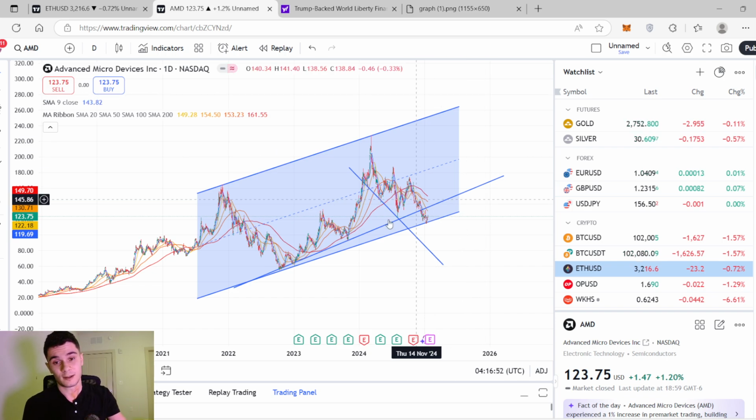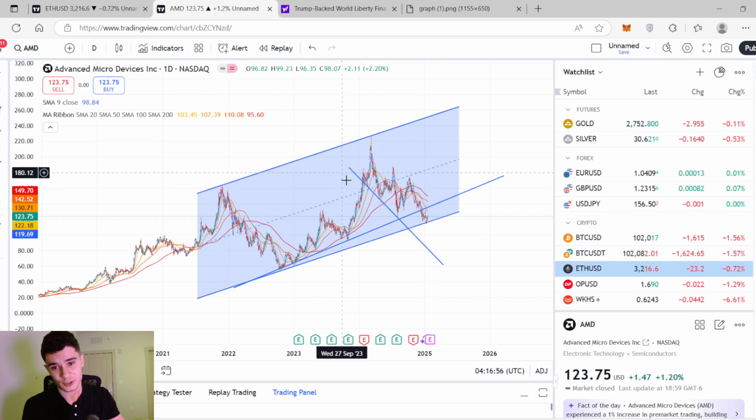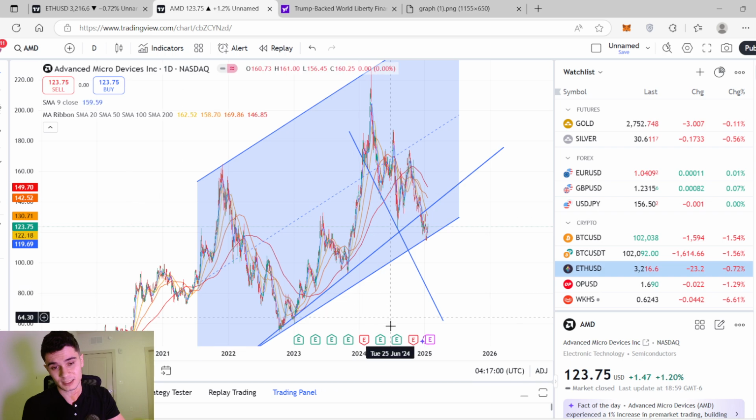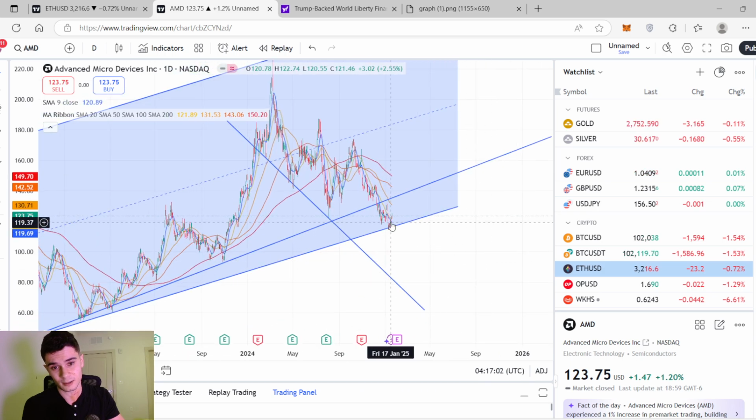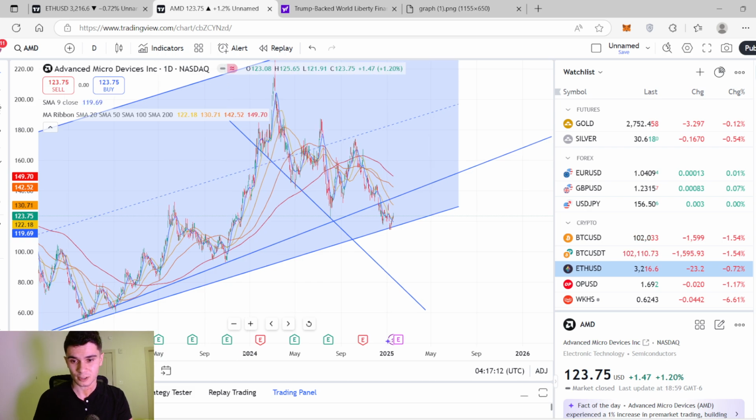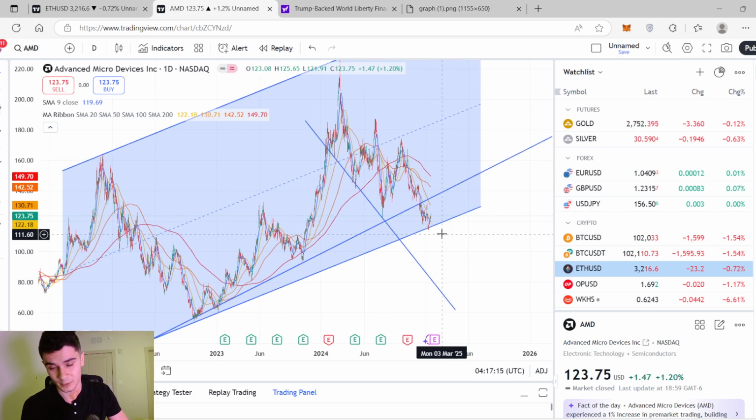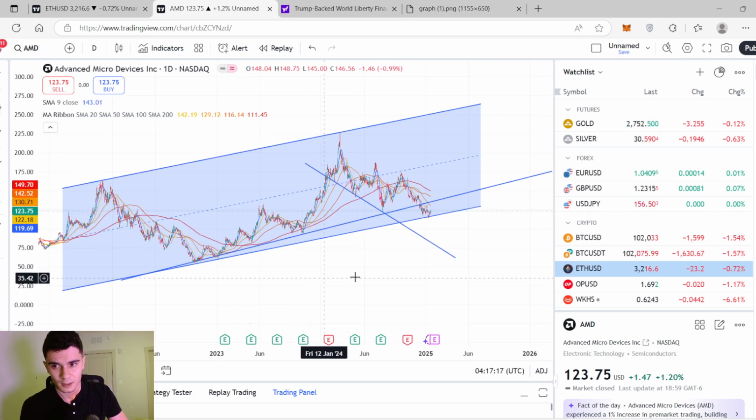But the technicals on the chart look really good, because you can see there's a parallel channel, and it hit the lower end of that parallel. So when it hit it right here, I didn't buy it at the exact bottom, but around $118, I bought a lot of AMD stock, and right now I'm up in my position about 6%. So it's still at 122 bucks.